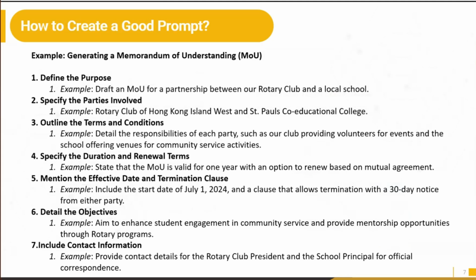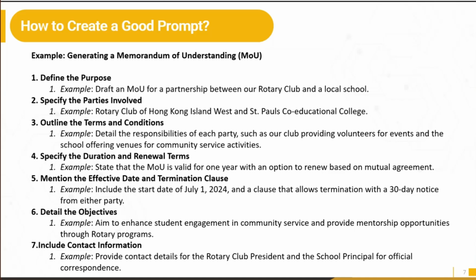So in terms of generating a prompt, how do we generate a high quality prompt in this case? Well, I asked ChatGPT to help me on what information it would like to have in order to be able to generate a better quality memorandum of understanding for a Rotary Club, and this is what it came up with.